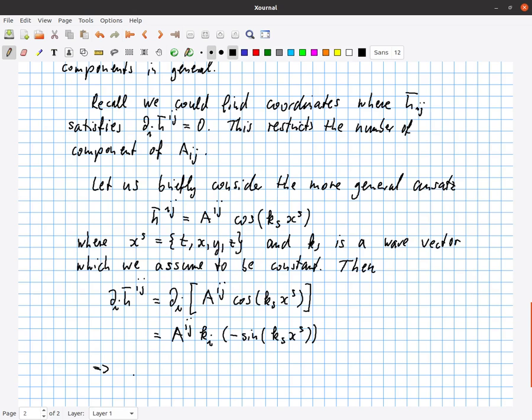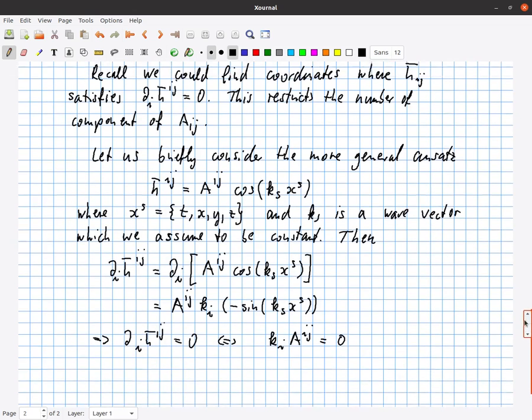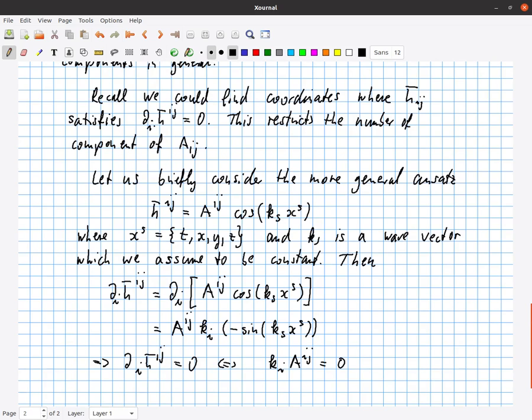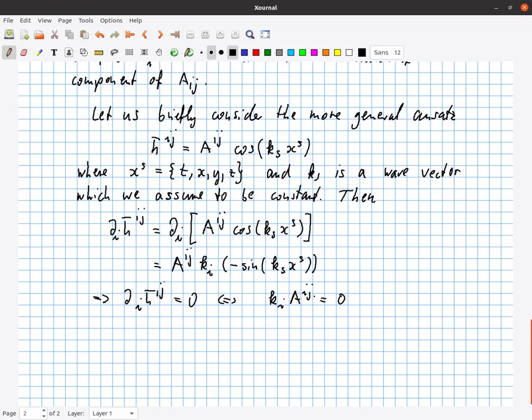Which means partial i h bar ij equals 0 is equivalent to saying that k i A ij equals 0. What I'm trying to say here is, if you think about this condition here, which came from a coordinate transformation, if we had looked at a more general wave, you see here again that we can now have 4 equations that the A ij have to satisfy.